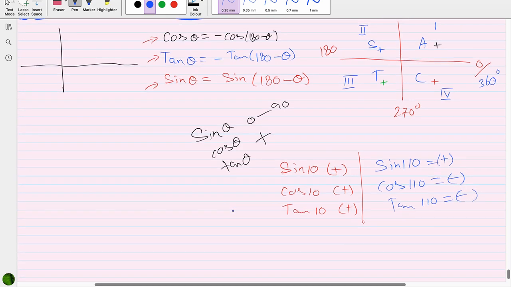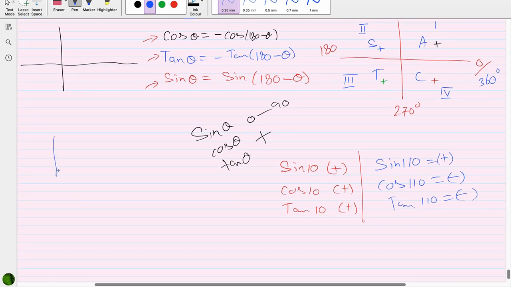Now understand this with the graph, using only these two examples. If we sketch for sine, this is the sine curve, and you can see I divide it into four quadrants, 1, 2, 3, 4, which is 90 degrees each. So this was 90, this was 180, this was 270, and the last is 360.